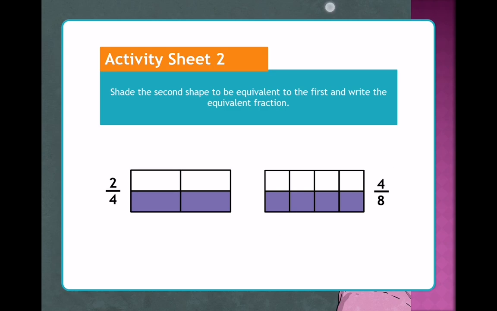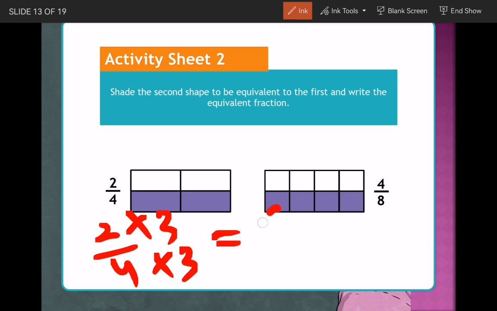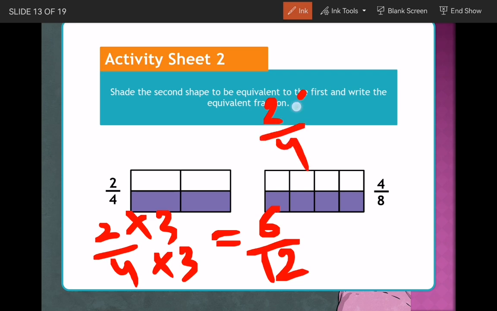But can I have other equivalent fractions for 2 over 4? If I don't want to multiply by 2, I will multiply by 3, for example. So 6 over 12 will be equivalent. What else? I can multiply by 5. No problem.